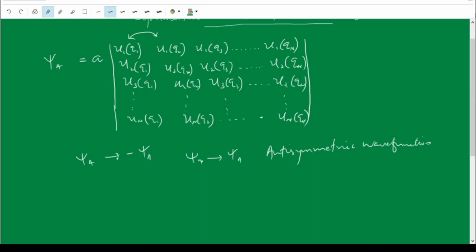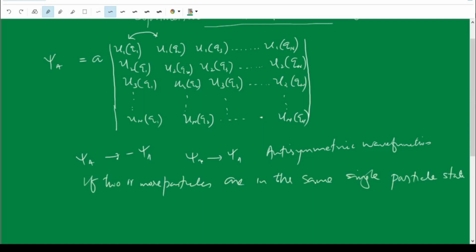In a determinant, if two rows or two columns are identical, then that determinant is 0. So if two or more particles are in the same single particle state, the determinant becomes 0, that is, psi A is equal to 0. That means such a state is impossible to realize.